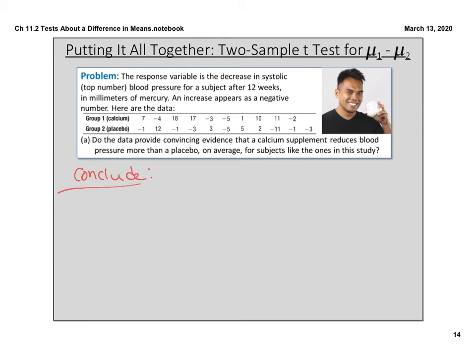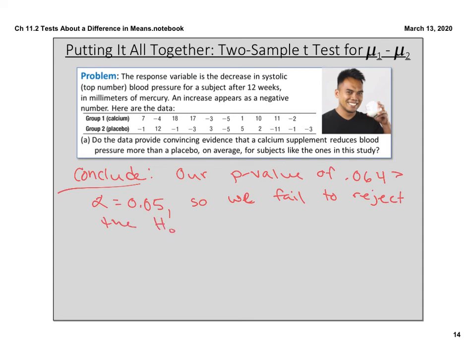So our p-value of 0.064 is greater than alpha equaling 0.05. So we fail to reject the null, where mu c minus mu p is equal to 0.